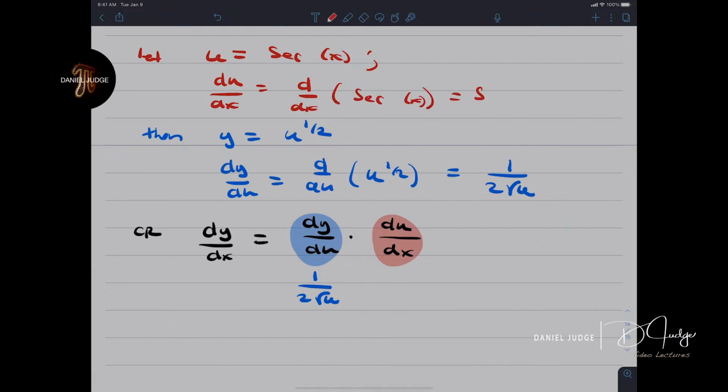Derivative of secant is secant tangent. So here's secant tangent. Don't forget u, which is down here, is secant.